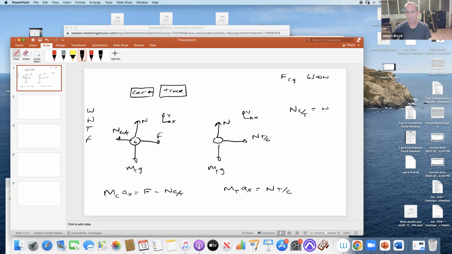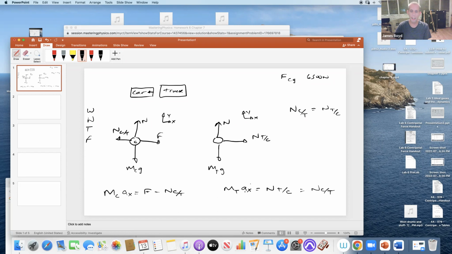But from Newton's third law, we know that these two things are equal. So if we can find a_x, we can determine what the normal force is. We just need to multiply by the mass, because this is actually equal to what we want. Now, how we find this is by noting those two things.